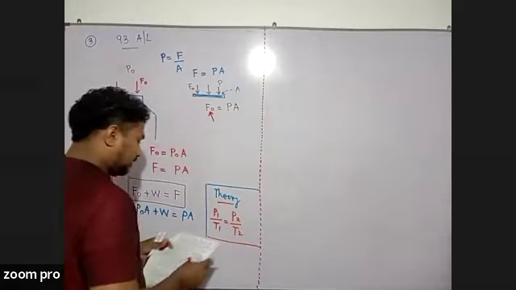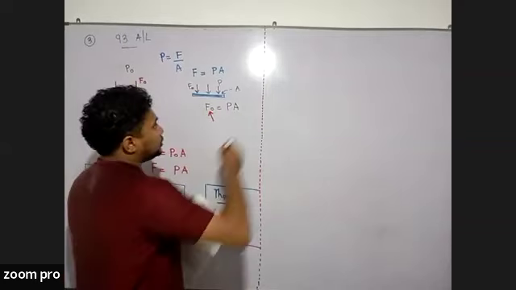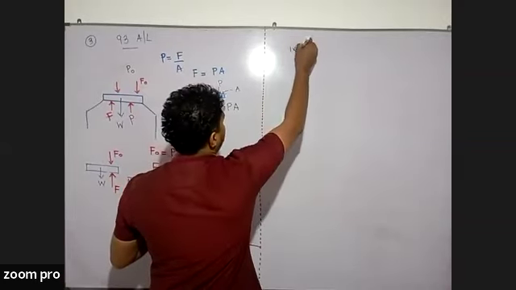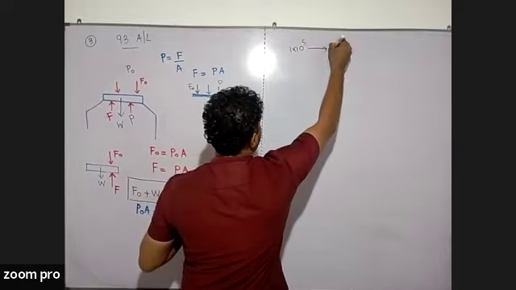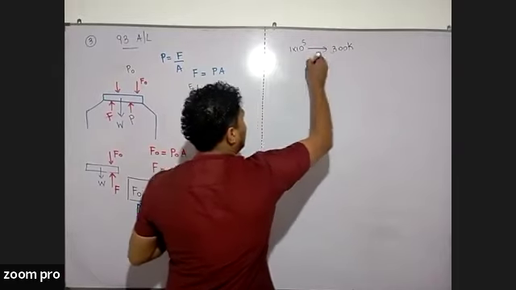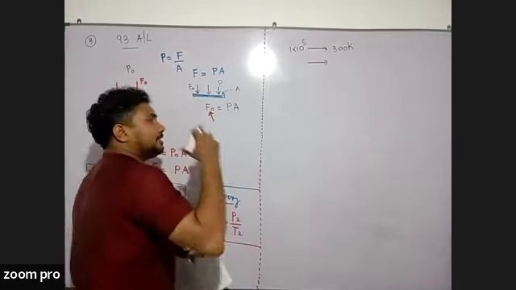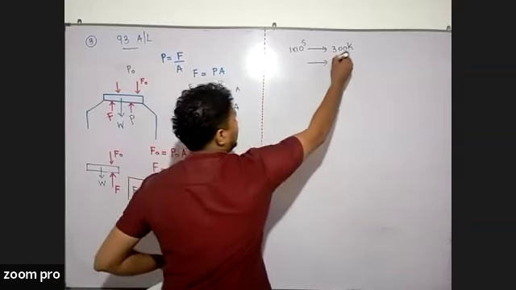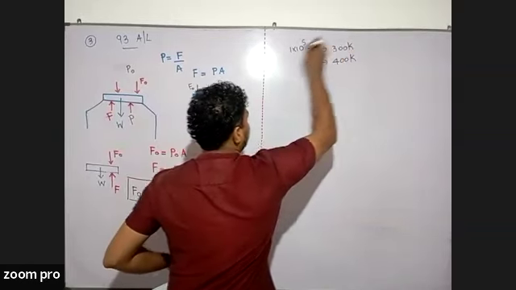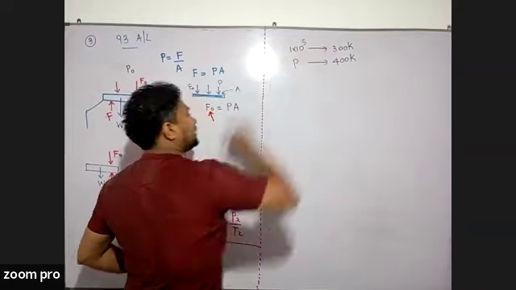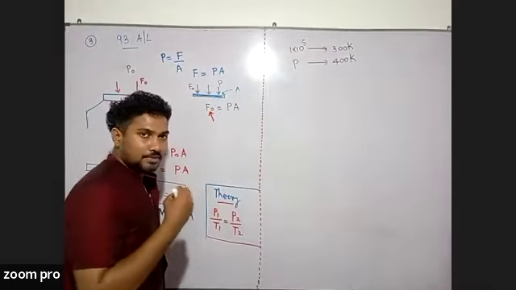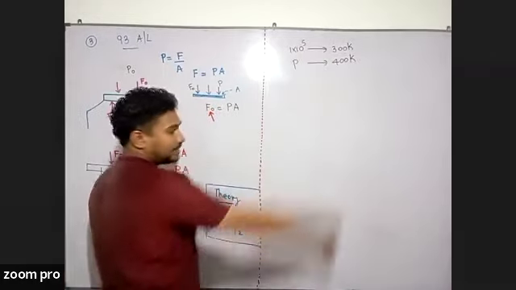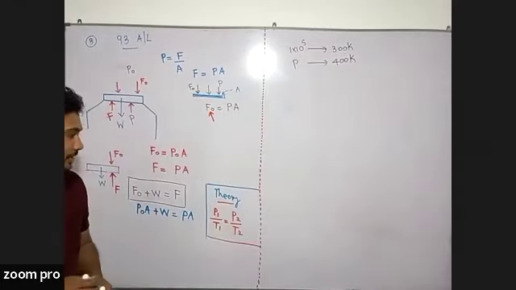Now, if the pressure is equal to 1 into 10 to the power 5 at 300 Kelvin, what will happen? The temperature inside the beaker is increased up to 400 Kelvin. Then we have to find the pressure inside this vessel at 400 Kelvin, right?